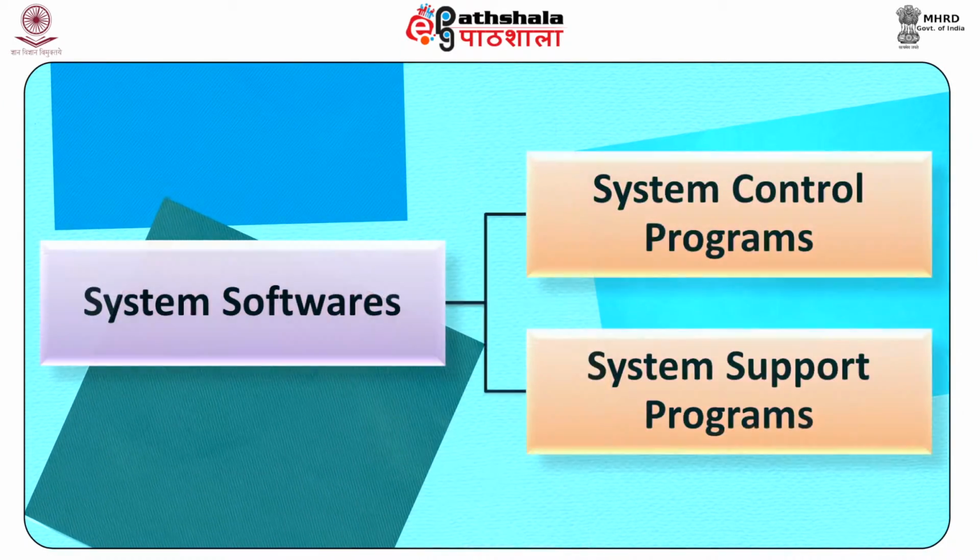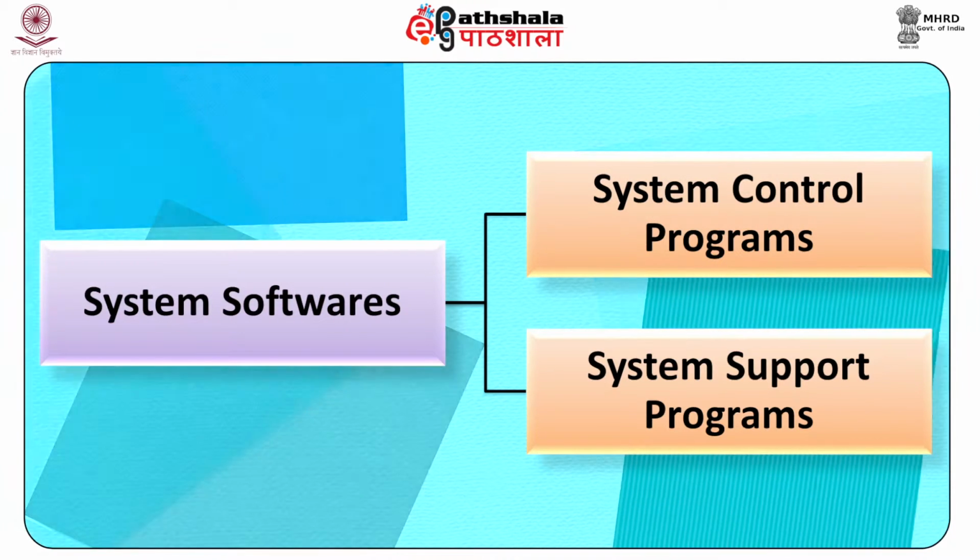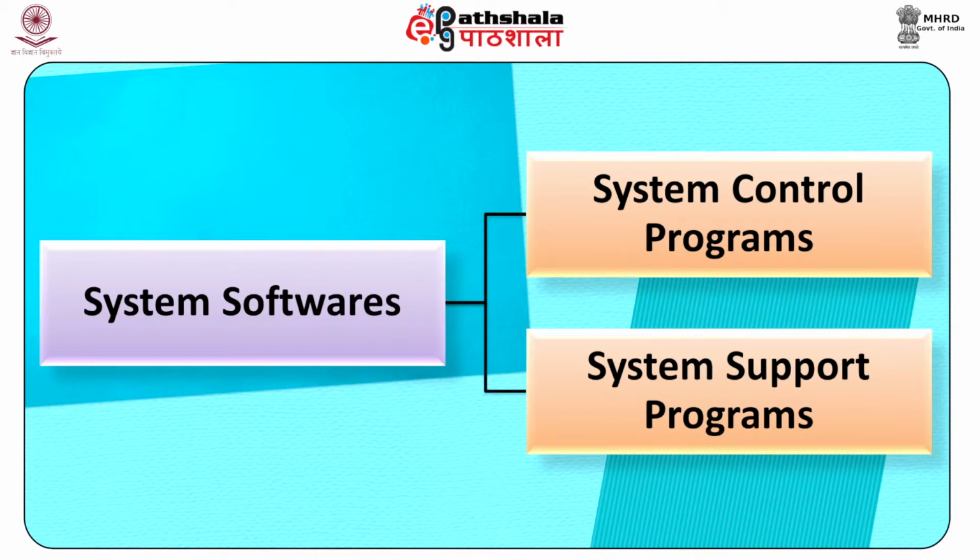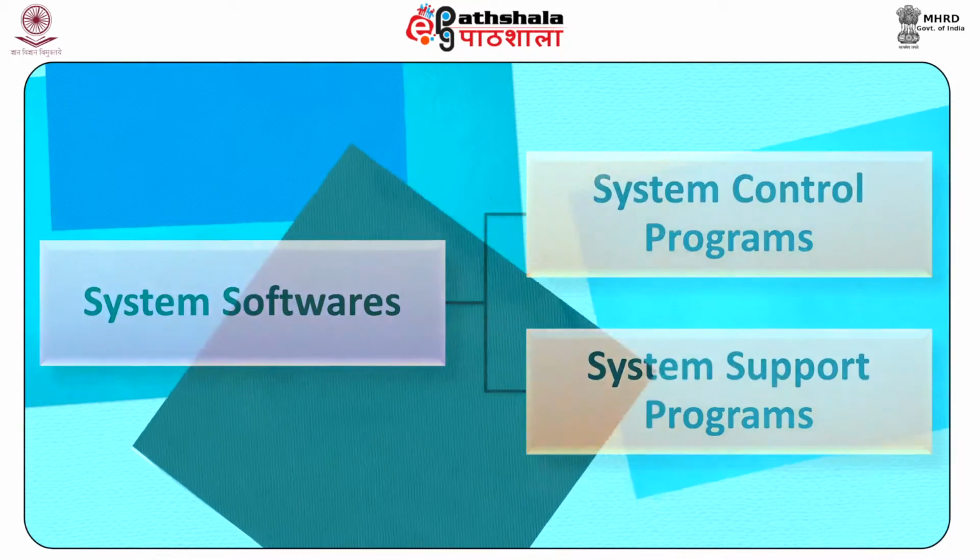System software programs support application software by guiding the basic functions of the computer. For example, when the computer is turned on, the initialization program, a systems program, arranges and prepares all devices for processing. System software can be classified into two major functional categories: system control programs and system support programs.